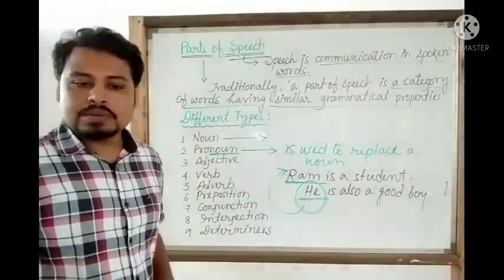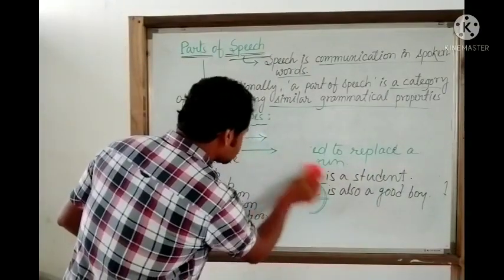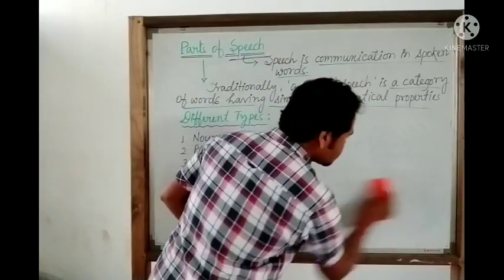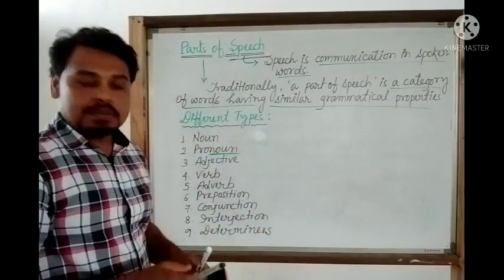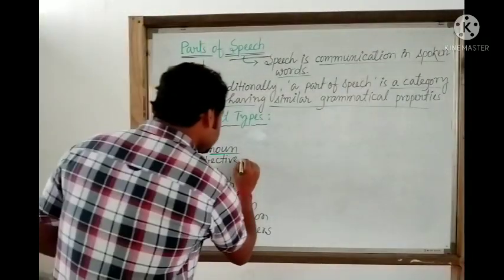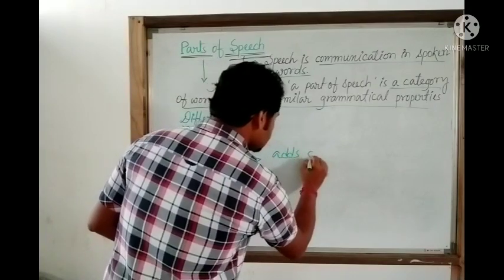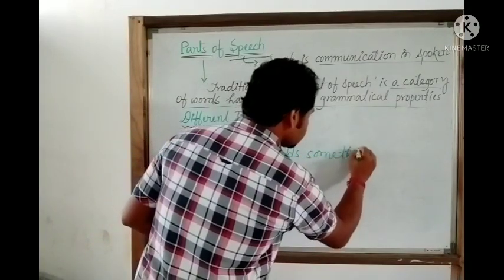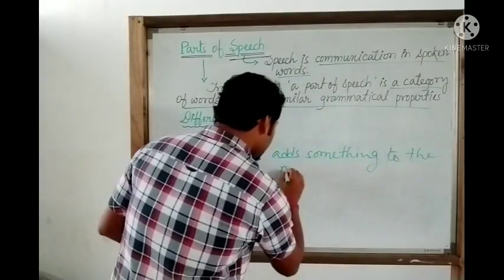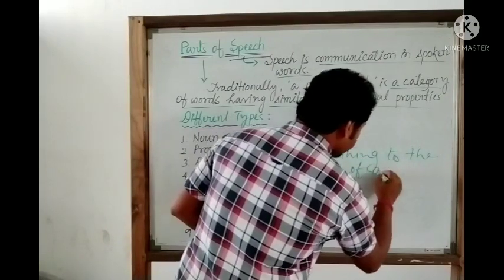After this pronoun, we have in our list adjective. The third category that we have as part of speech is the adjectives. Now what is an adjective? An adjective is a word that adds something to the meaning of a noun or a pronoun.